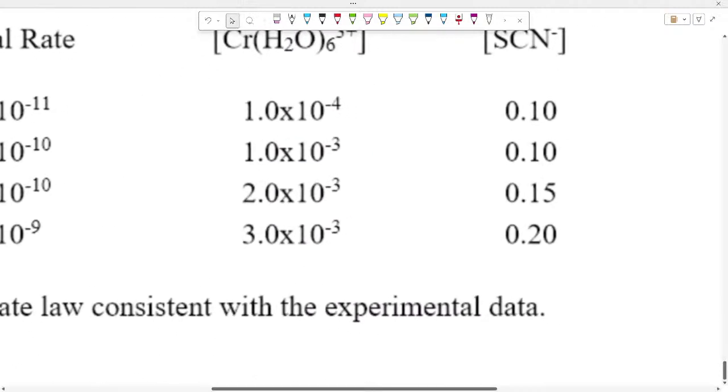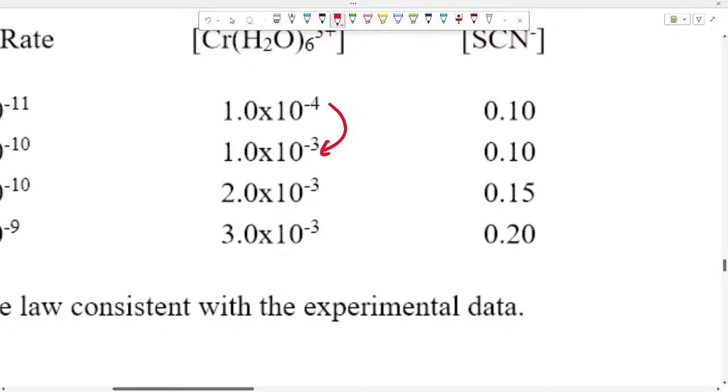If you look at this at first glance, it might look like no change. But actually, what's the change here? If it goes from 10 to the -4 to 10 to the -3, that's getting 10 times bigger, which means that this change is actually getting 20 times bigger. Or if you prefer, you could look at this one and say that's just getting 2 times bigger.